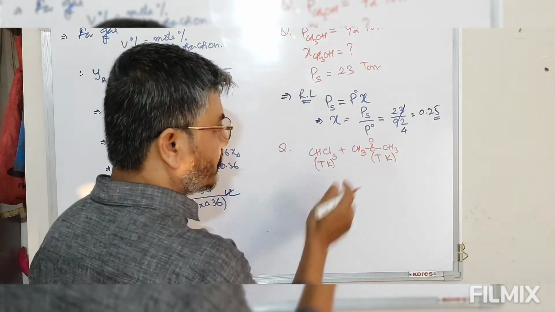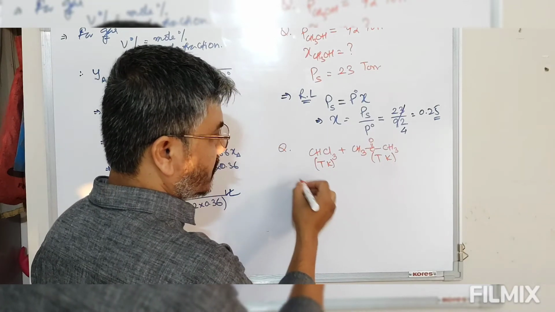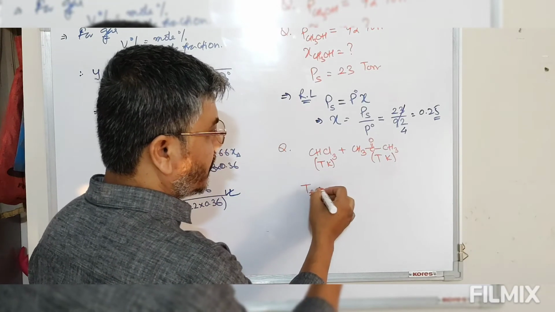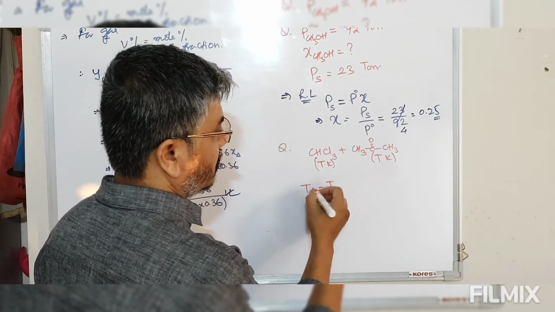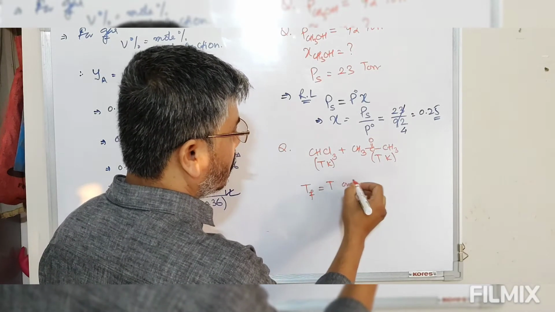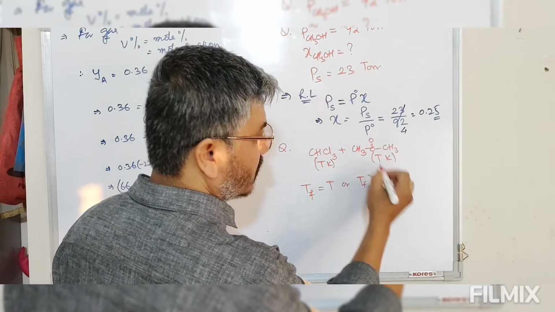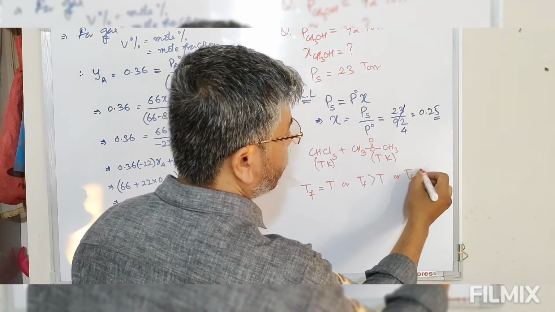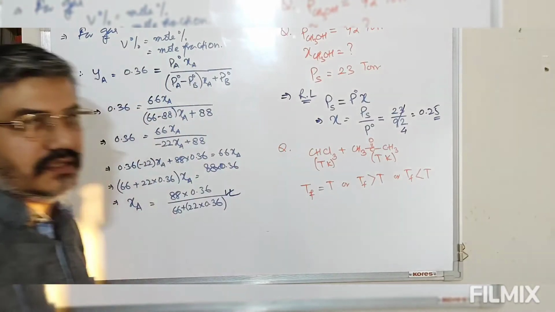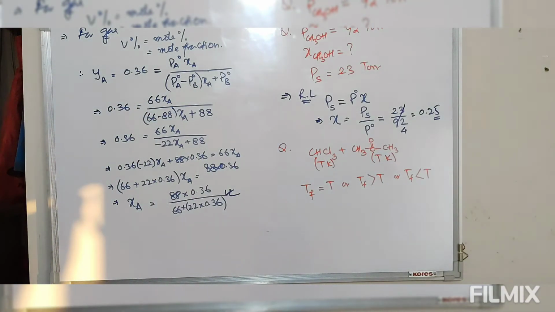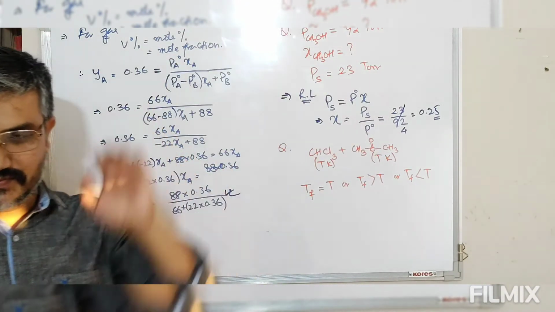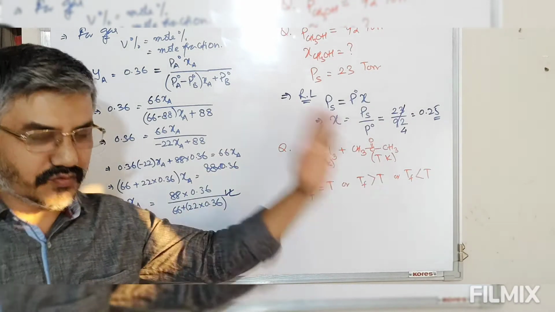Now the question is, after mixing, will the final temperature be equal to T, or Tf greater than T, or Tf less than T, or data insufficient? This is the question.